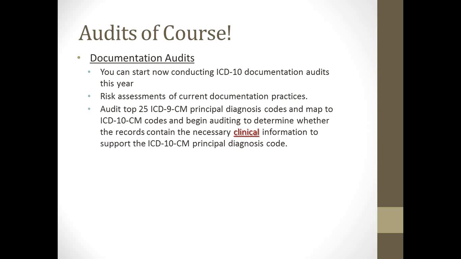So if you have your billing staff, whoever does your coding, pull out your top 25 principal diagnosis codes you're using now, and you match those up with your top ICD-10 codes that they go to. You want to look at both the coding on that side and then the physician's documentation to see if you're getting all the levels of specificity to document properly with ICD-10.